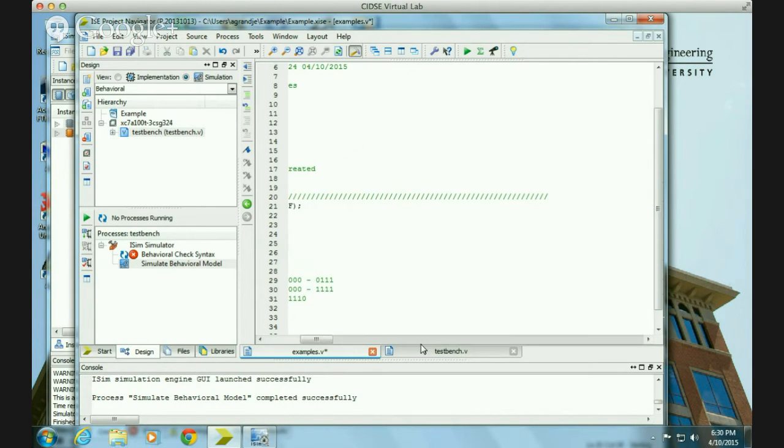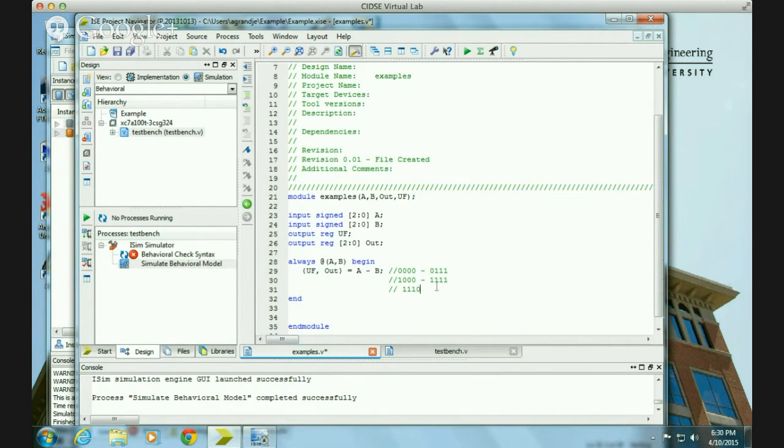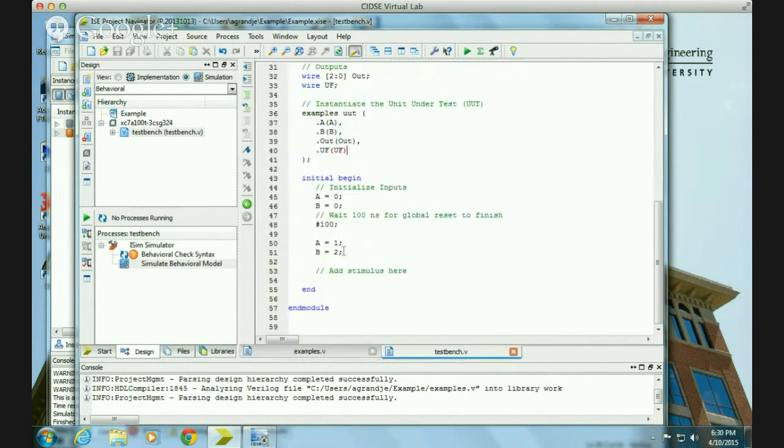I think let's check the old test bench here. Well, I suppose you could just encode it that way, but let's see.